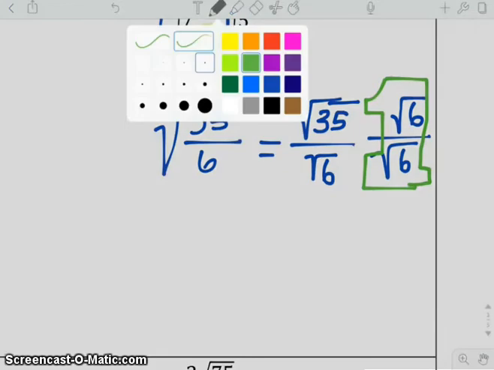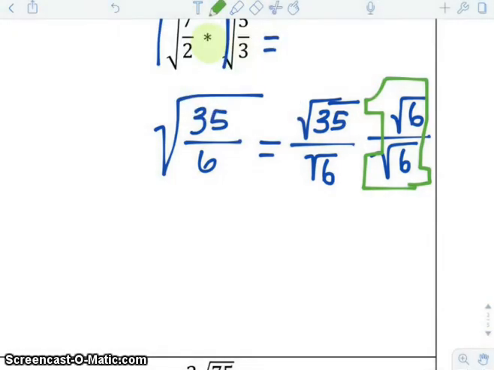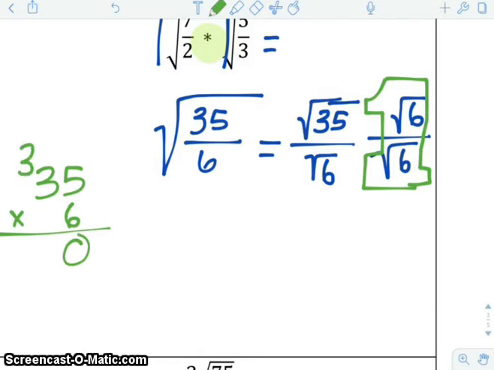Okay, so what I end up doing here, I multiply numerator times numerator, denominator times denominator, and then I say 35 times 6. Well, if I know 35 times 2 is going to give me 70, and that's going to be 3, this should end up being 210. Let me just double check my math there. Carry the 3, 18 and 3, 210.